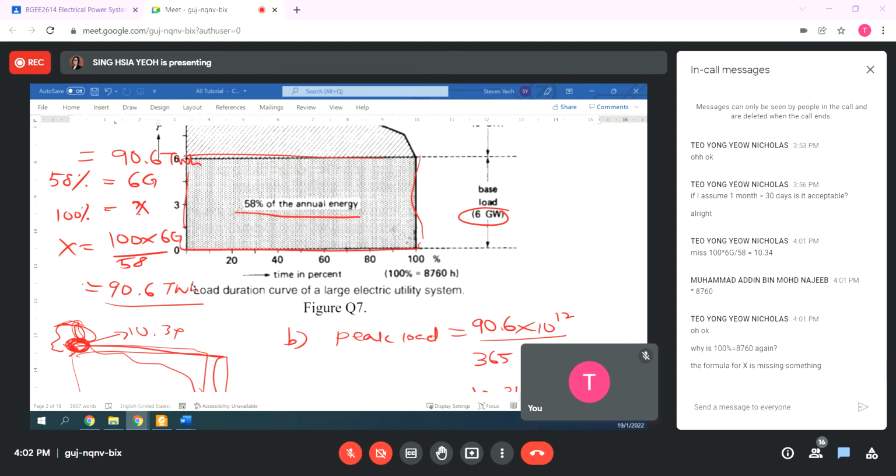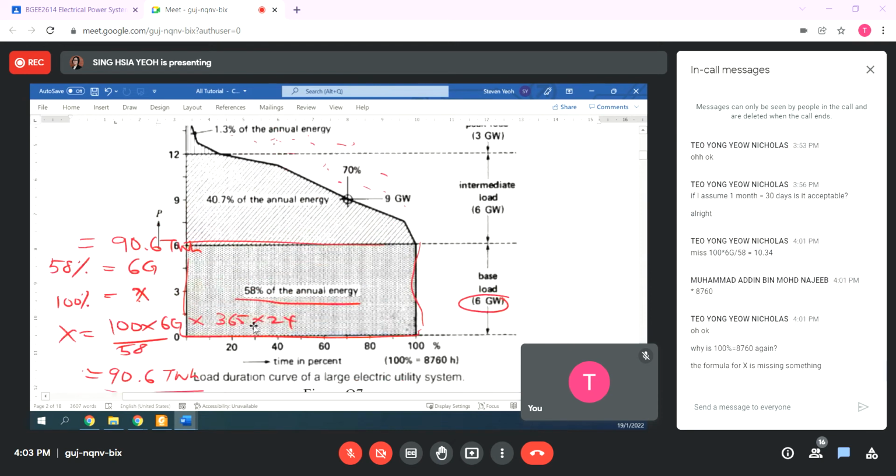This is because this one is in terawatt hour. I forgot to times with 365 times 24 hours. Yeah, the formula for x is missing something, the hour. 365 times 24 hours, because it's annual energy.